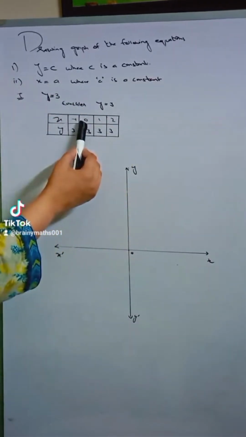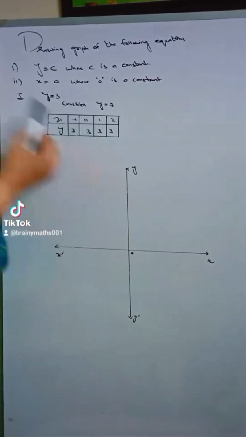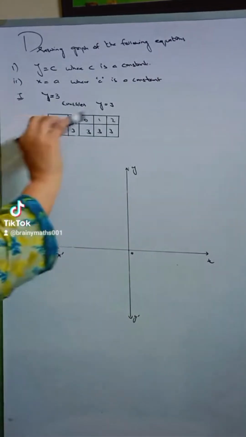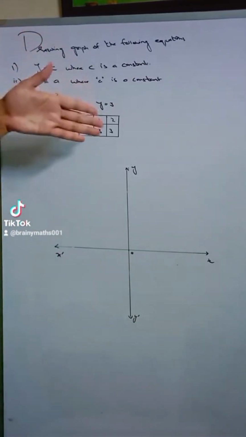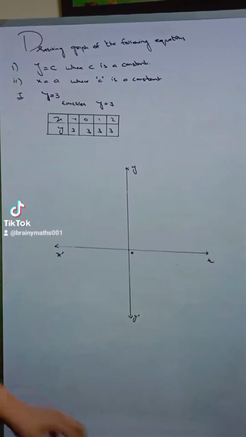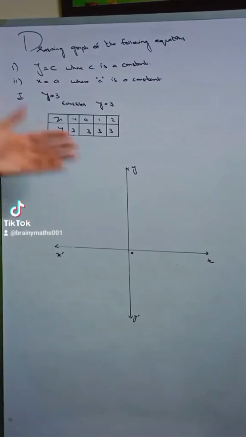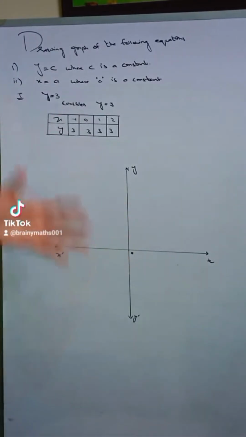Likewise if x is 1, x is 2, x is minus 1. These values of x will be chosen by ourselves according to the question. So let's begin. We have to represent y equals 3 on the x-axis and y-axis, in other words, the Cartesian plane.